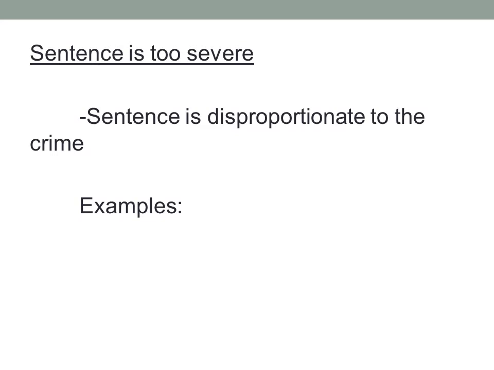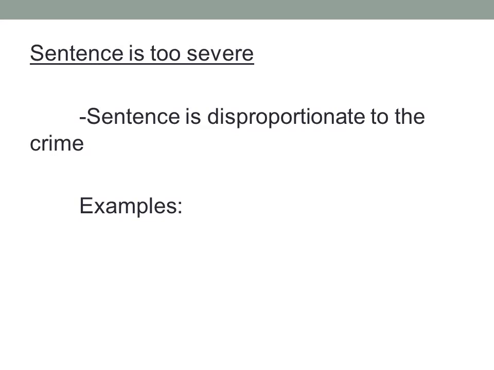So let's talk about this. This comes up certainly as arguments, and let me give you this example. Let's say we have a 15-year-old who's tried as an adult for murder. For the example, let's say he or she killed a family member, and they're tried as an adult. And it's in Arizona, and so there's a recommendation for the death penalty.